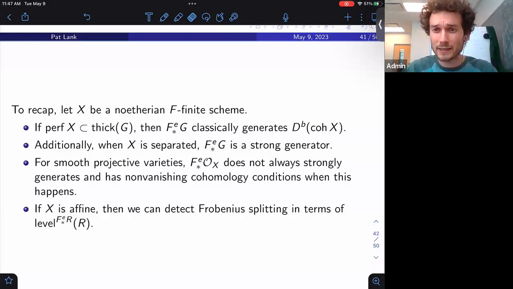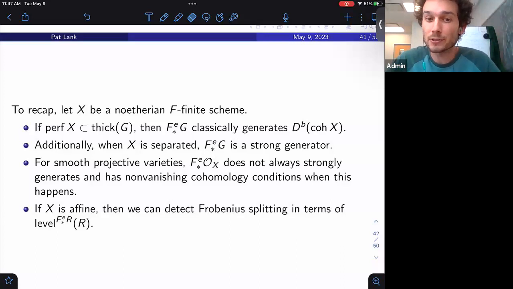We can ask for what varieties I can push forward the structure sheaf to produce a strong generator, and we saw that this produces non-vanishing cohomology conditions. When I'm affine, I can also use this to detect Frobenius splitting. And we've already seen these are 2 interesting applications of the generation result.